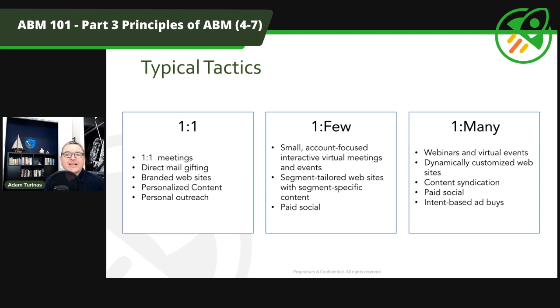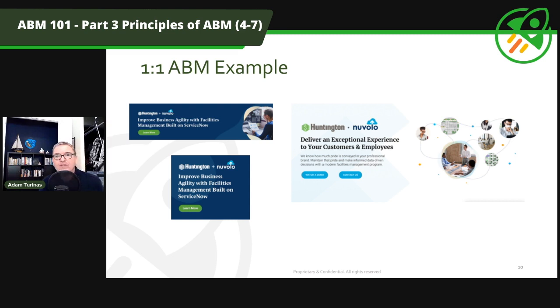You may be doing things like virtual meetings on particular topics that are relevant to those segments. We use paid social, like LinkedIn, particularly when we're doing segment-specific marketing. And then one-to-many is much more mass demand generation tactics, like programmatic advertising that's targeted to accounts that are showing intent, for example.